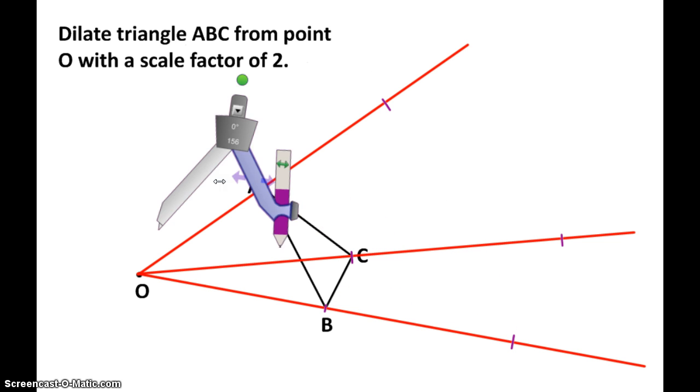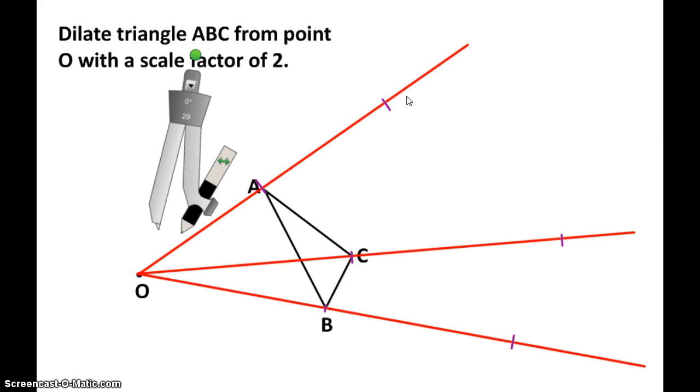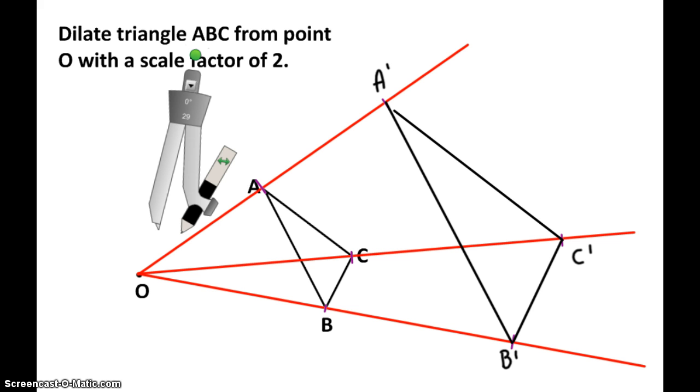So what we have now are 3 new points, A prime, B prime, and C prime. And all we have to do is connect the lines in order to create my triangle that has been dilated with a scale factor of 2 from point O.